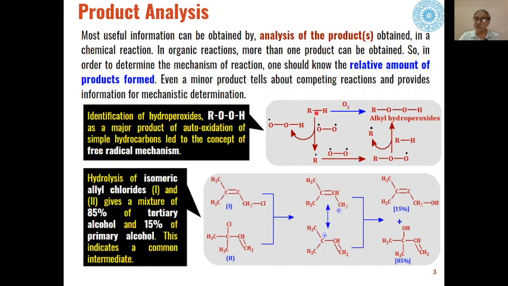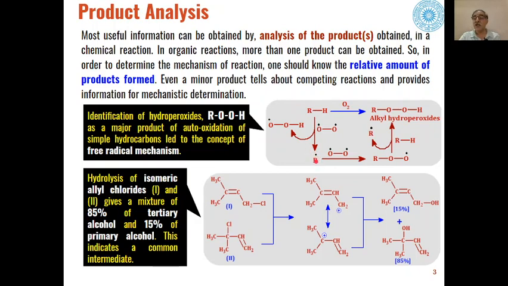In the first step, this alkane will react with the oxygen, and an H radical from the alkane is shifted to the oxygen, and a hydroperoxide radical is formed as the intermediate, and the alkane is converted into an alkyl radical.